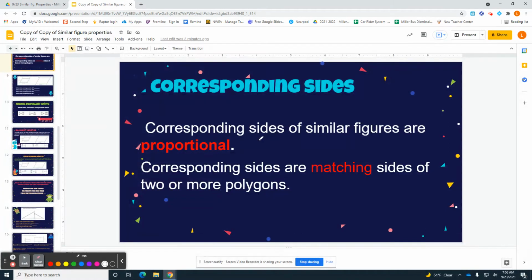So corresponding sides are not congruent like angles. They are proportional. So whereas our angles were congruent, our sides are only proportional.